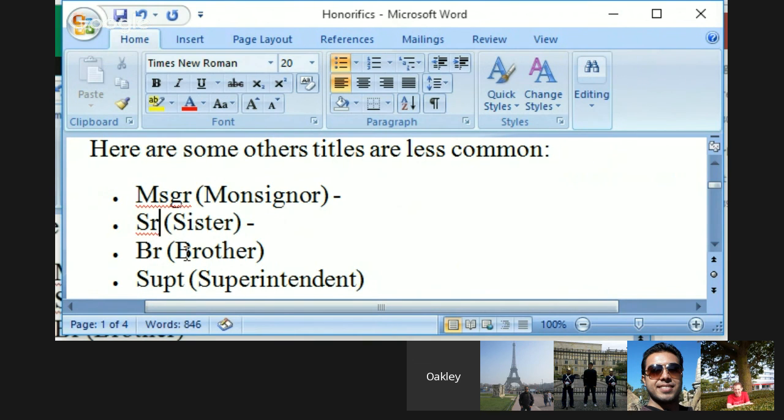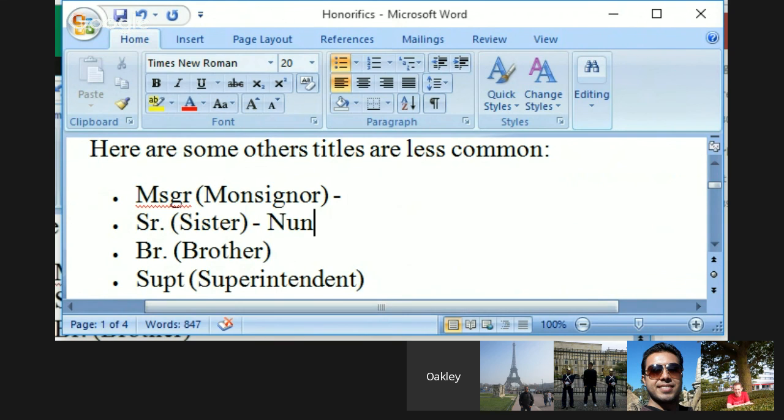No, this is just the abbreviation. It's very strange. I've never used it in my life, but I don't know many nuns. So a nun is a sister. If you address a Catholic nun, you would just call her sister.